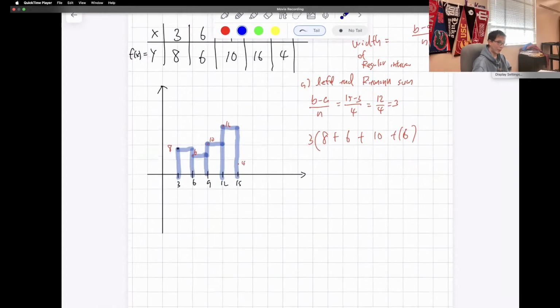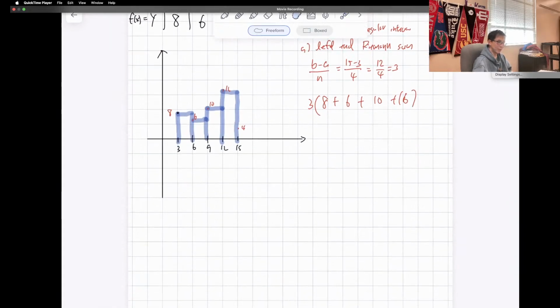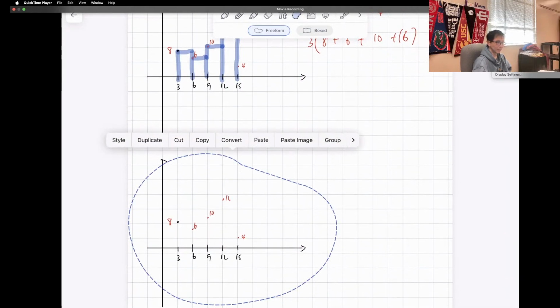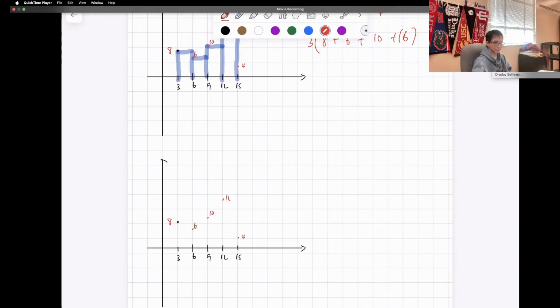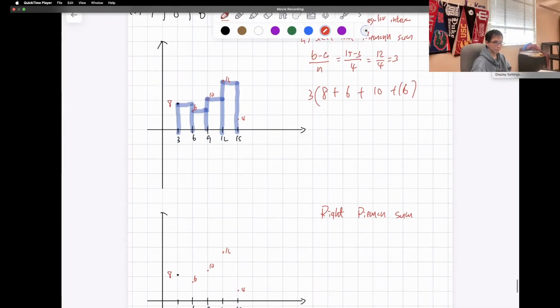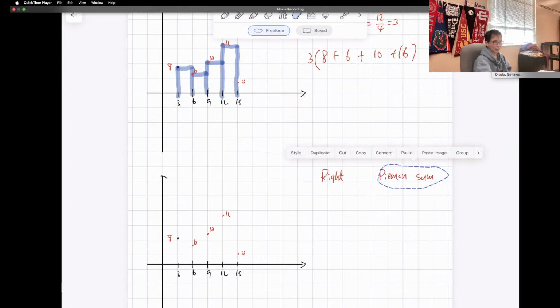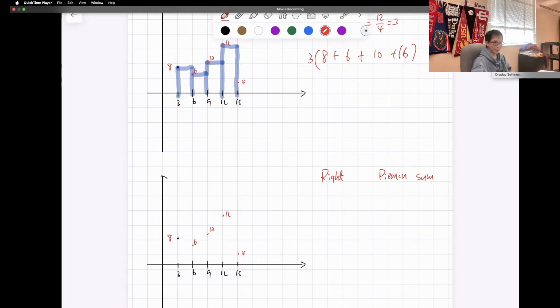Now I'm going to say, hey, can you use the same method but figure out the right Riemann sum? So it's also the right Riemann sum, or right endpoint Riemann sum. I'm just going to write it fully, because sometimes they say right endpoint.